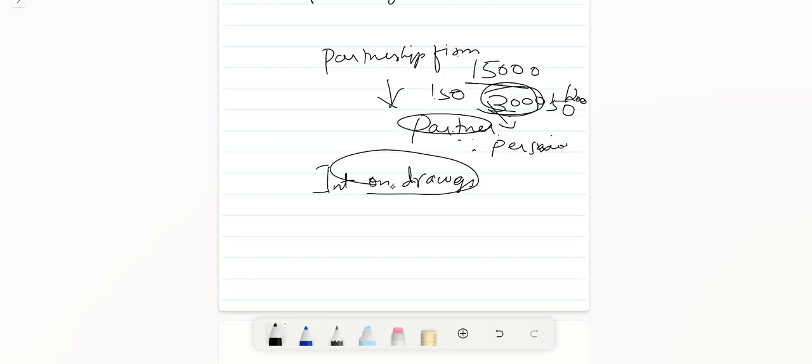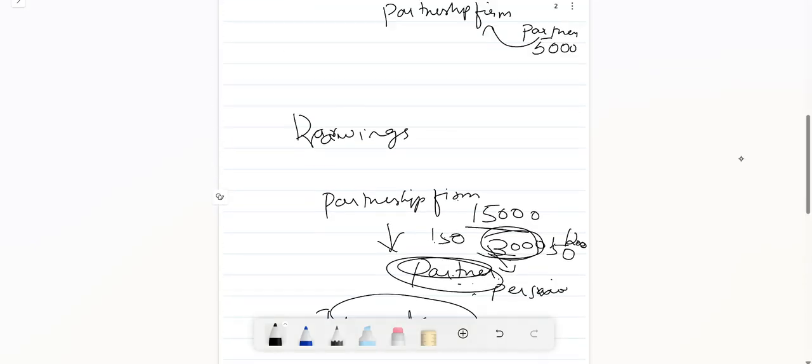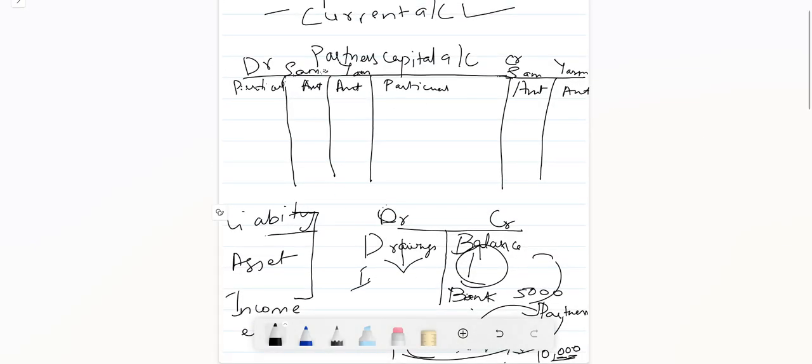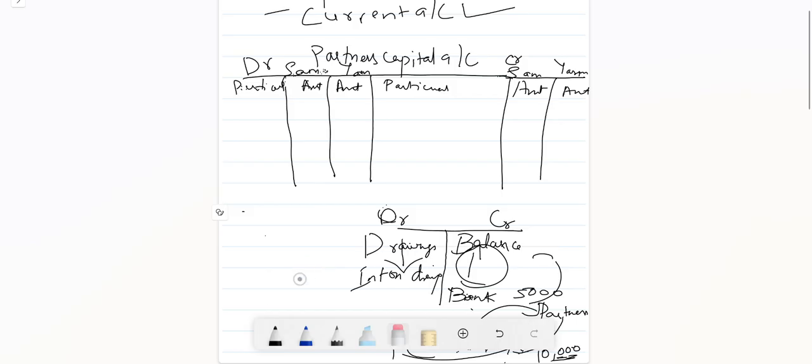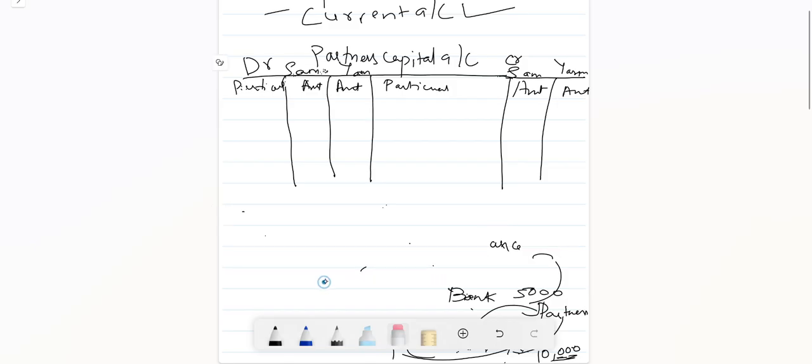Drawings and interest on drawings both are payable by the partner here. All right. So since it is payable by the partner and the firm's liability is coming down, we can just write it here, interest on drawings. So here what are the adjustments? For now we will see how the capital account works, liability. Later I will explain how asset, income and expense adjustments are done.